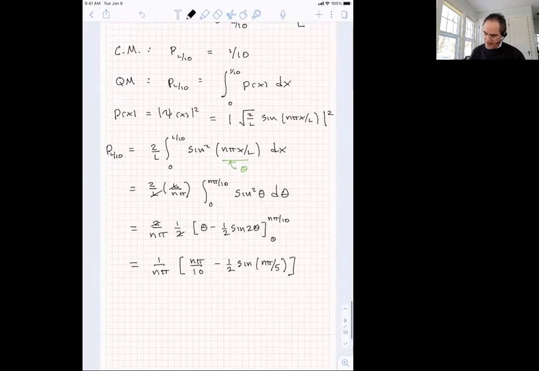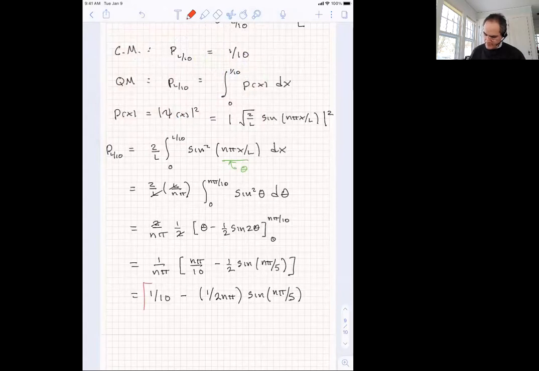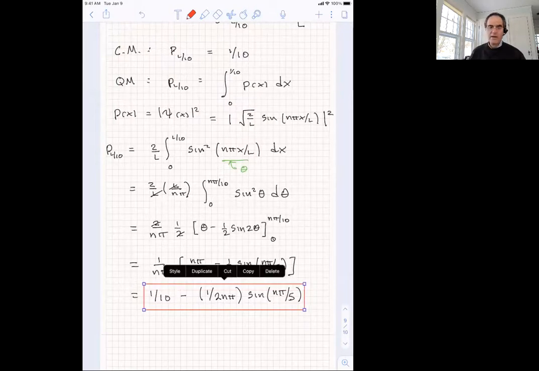Okay? And now just simplifying this, we get 1 over 10 minus 1 over 2n pi times sine of n pi over 5. And that's our result. Okay? Wow.